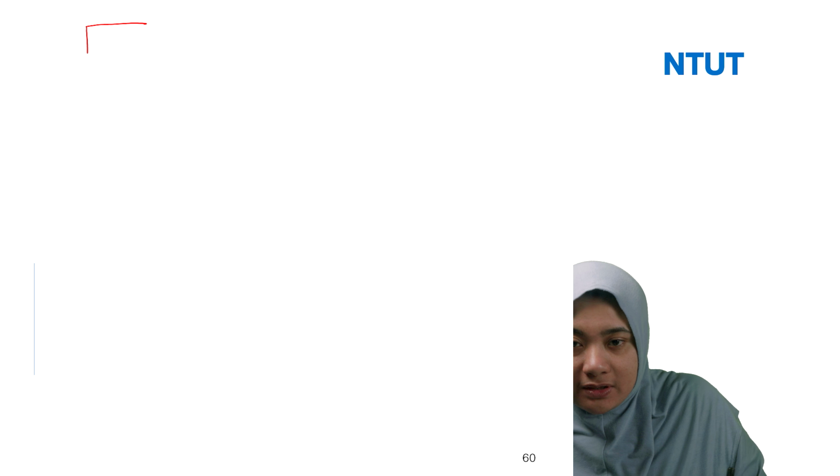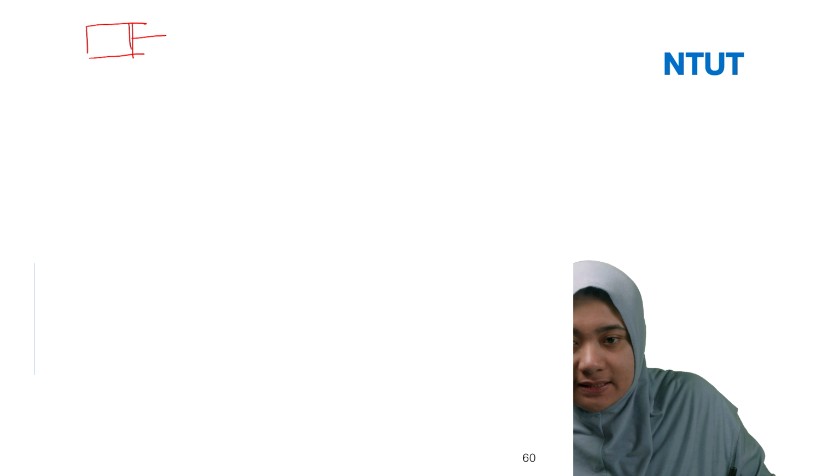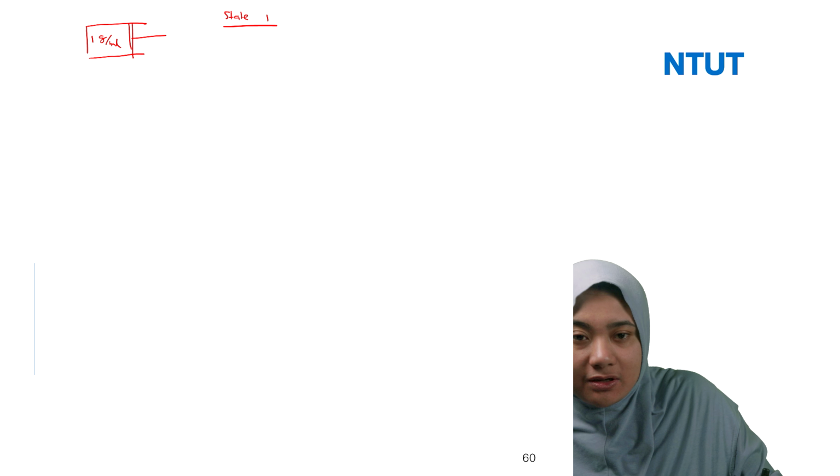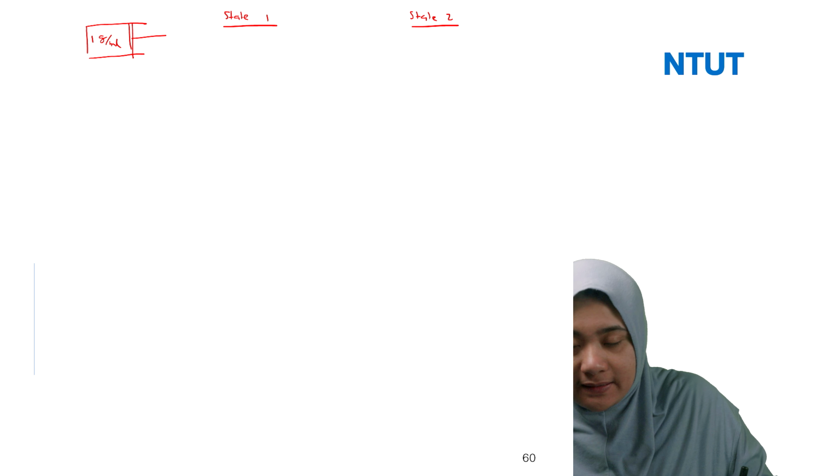So first you need to know, this is typically like a piston. If you draw the piston, it's like this. So this is supposed to have 1 gram mole. So you have state 1 and state 2. The function of this case is just to see which one is the state property and which one is the path property.